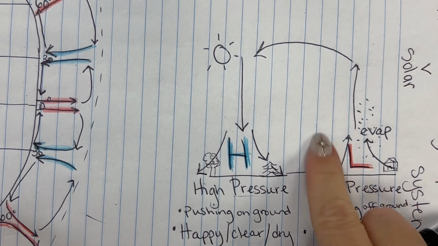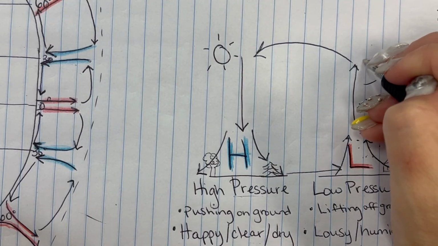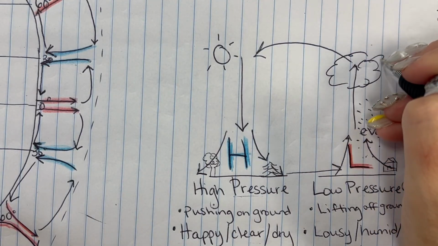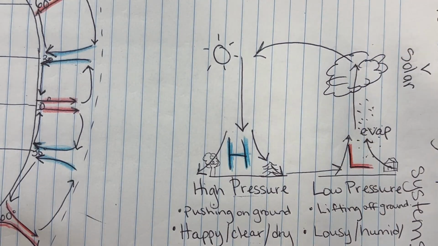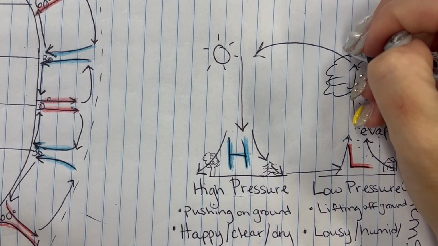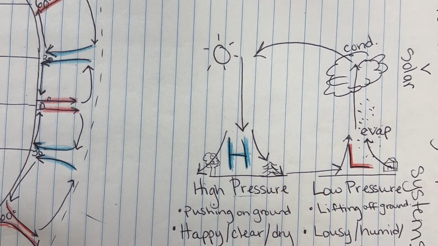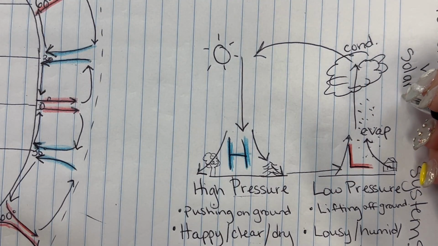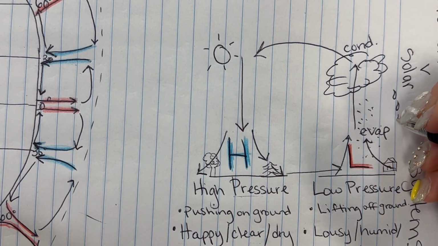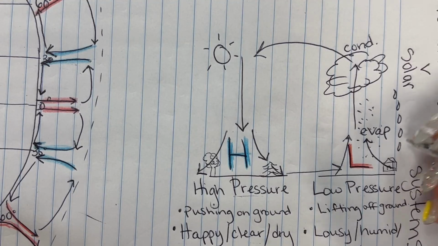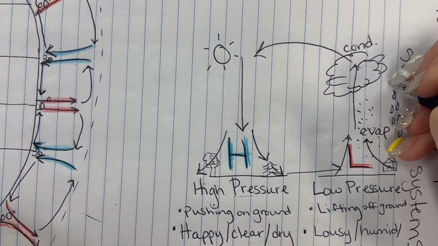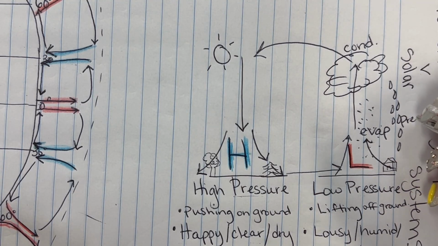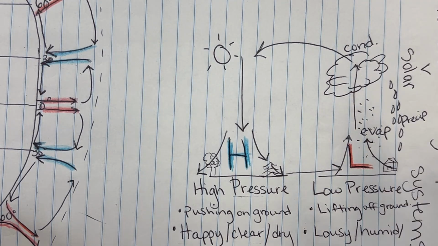That evaporation forms clouds. Condensation. That condensation will build and build and build. And over time, eventually, it will start to rain. That is precipitation.